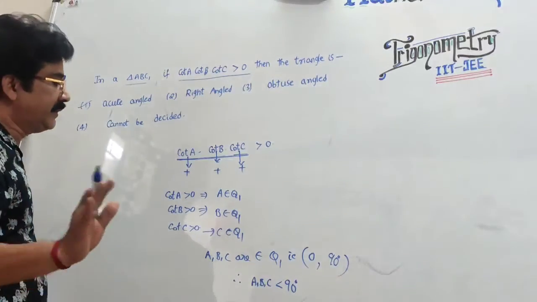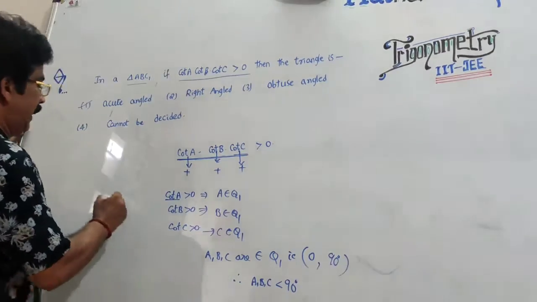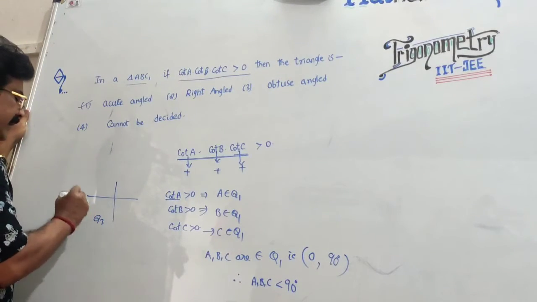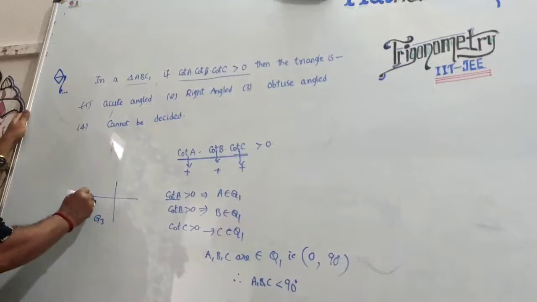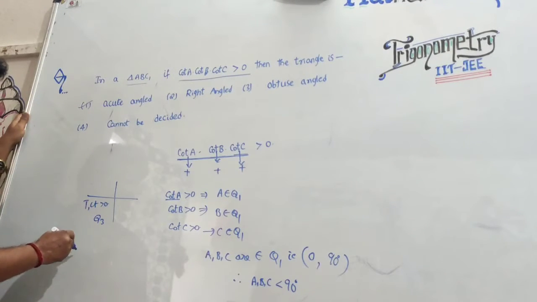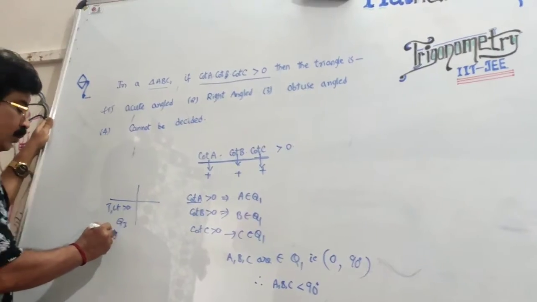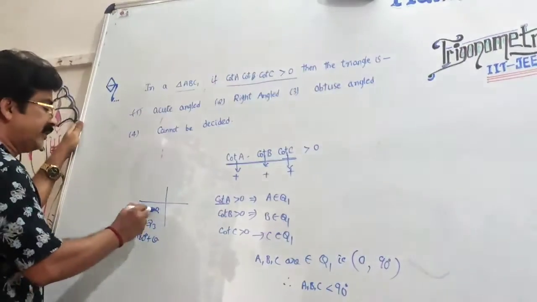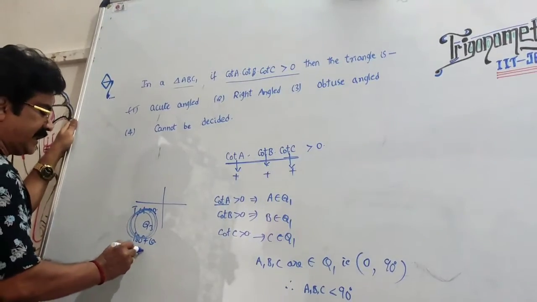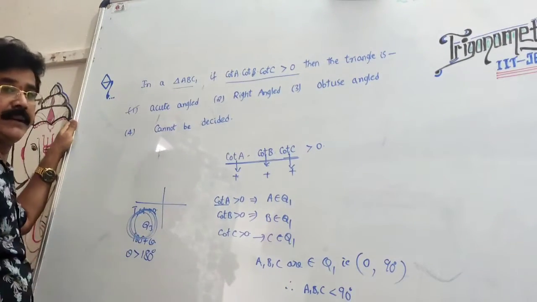You can ask me, sir, what about all silver tea cups? Tea cups means the third quadrant. In the third quadrant, tan and cot are positive. Third quadrant means what? 180 degrees plus theta. That means in this area, theta is greater than 180 degrees.